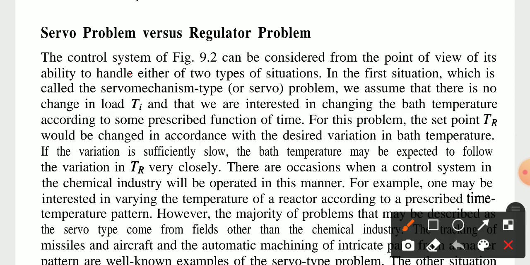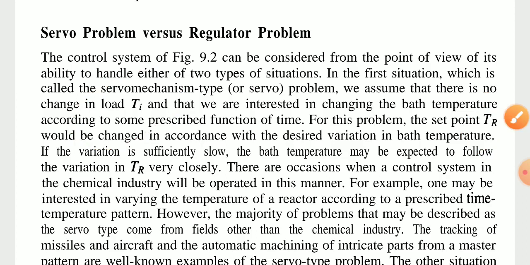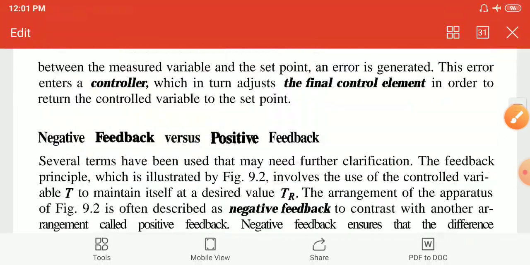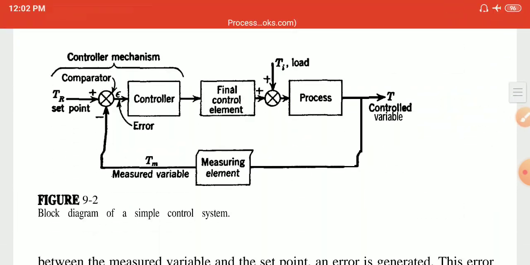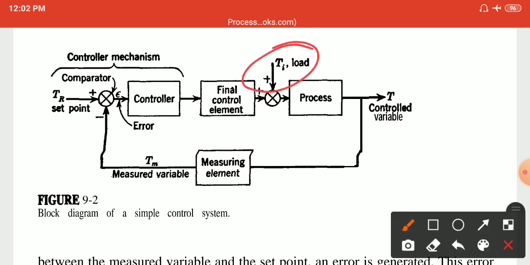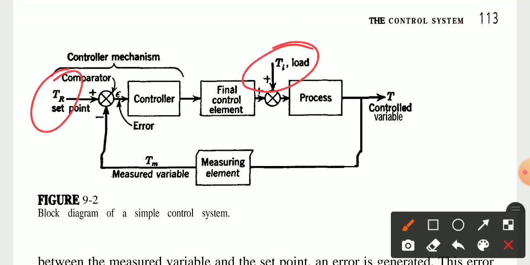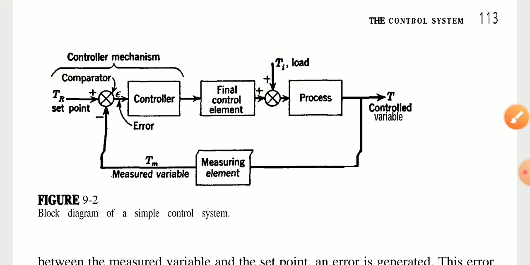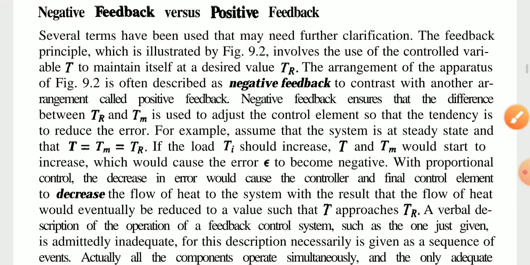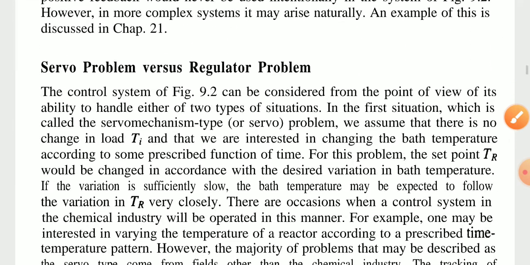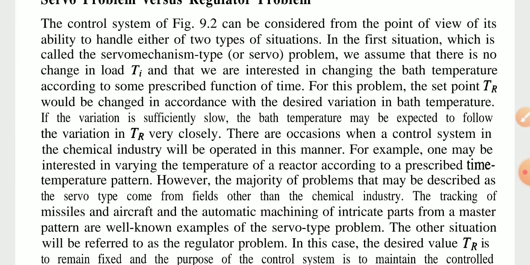First of all, the load is TI and the set point is TR, as we see in the figure. Look at the figure: this is TI and TR, the set point. We are interested in changing the bath temperature according to some prescribed function of time.